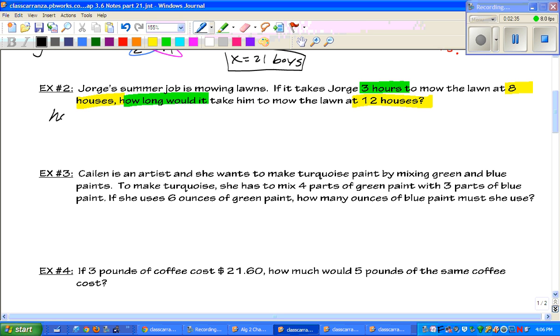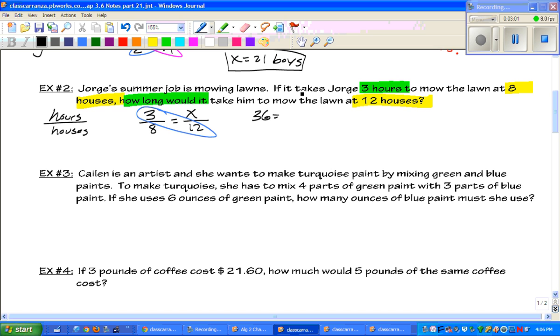The thing we're talking about in this problem is hours and houses. The first one we know is 3 hours to 8 houses, and that's going to equal x to 12 houses. That's where the x goes. All right, let's do the cross multiplication.